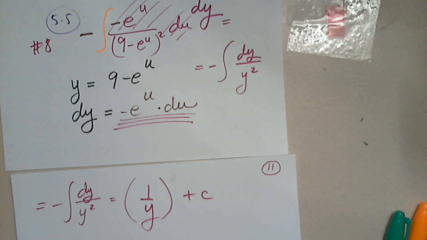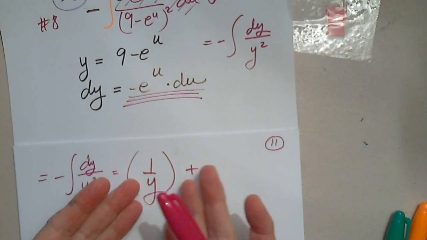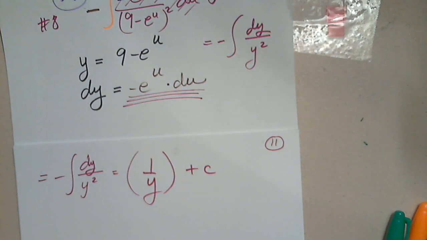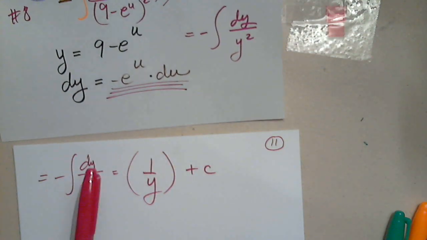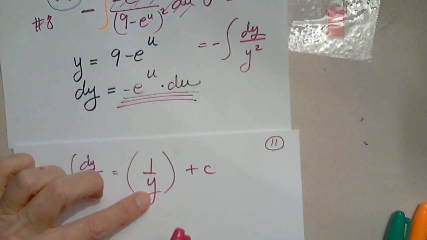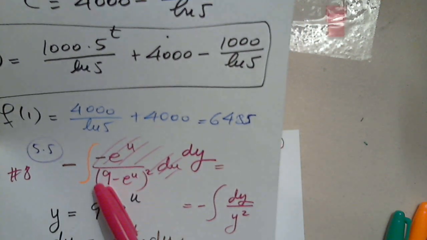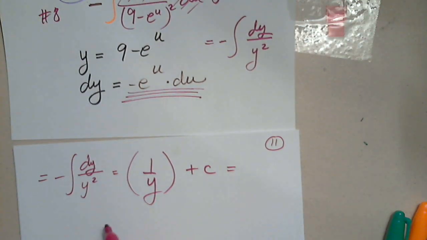That's why I tortured you with this all along, because now I know that 1 over y prime is negative 1 over y squared. So it makes my life much easier. Yes, I have to go back to the function because it's an indefinite integral, and I have to present the answer in the variable that was given in the problem. If it's a definite integral, who cares? It's a number. But now I have to go back and rewrite 1 over 9 minus e to u plus a constant c.